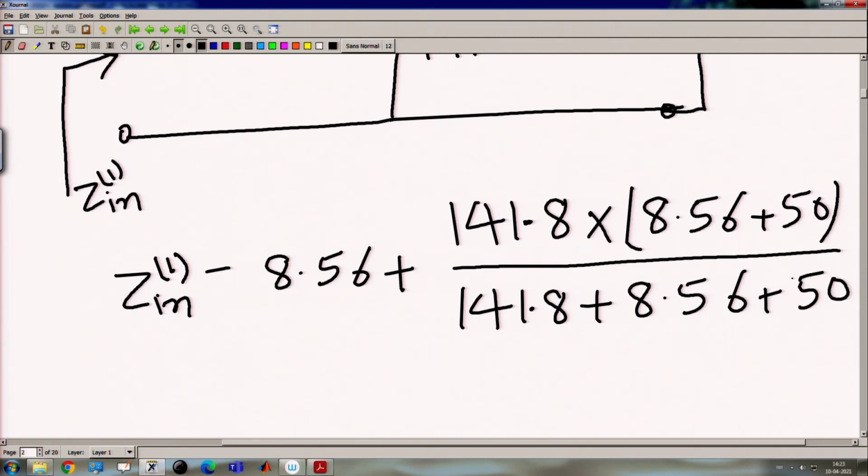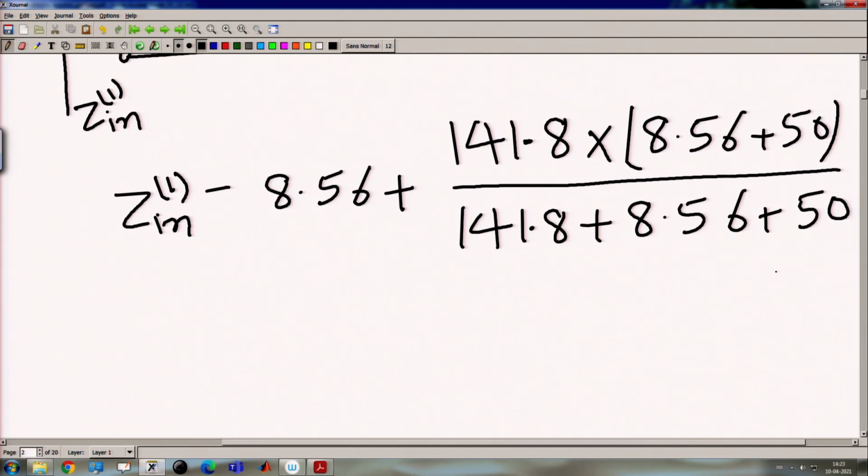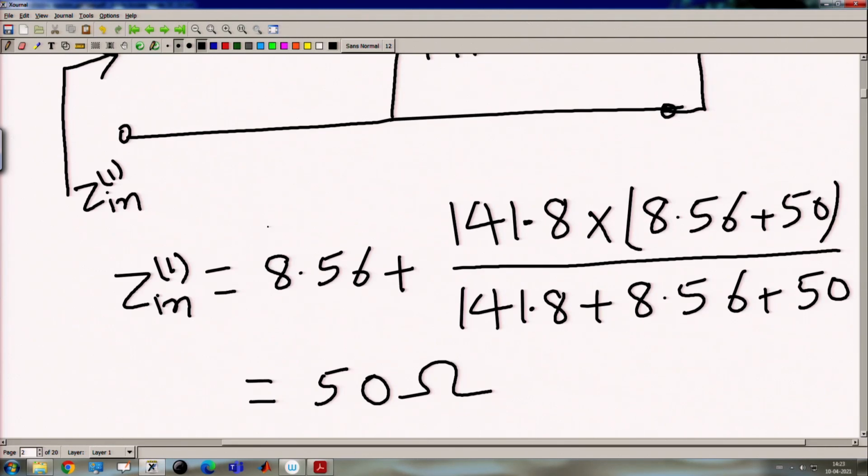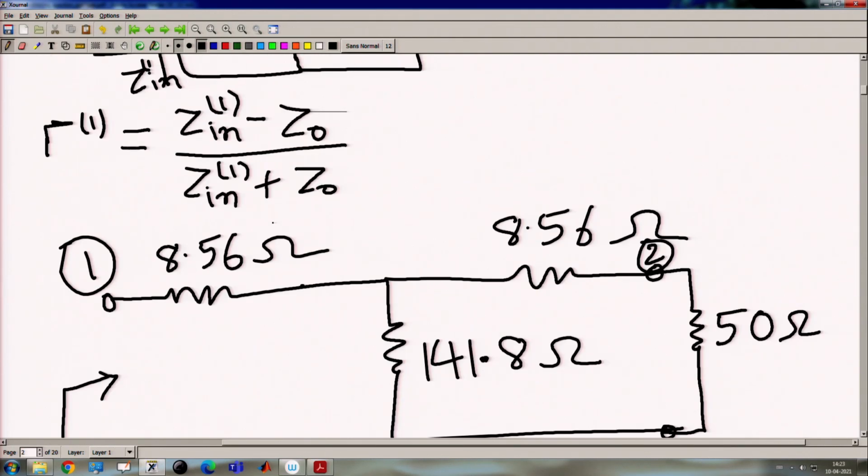After computing this, it comes to 50 ohm. So, Z in 1, the input impedance at port 1, is 50 ohm.